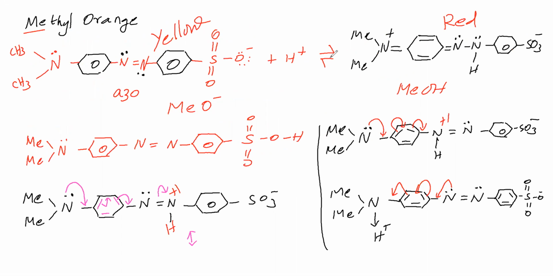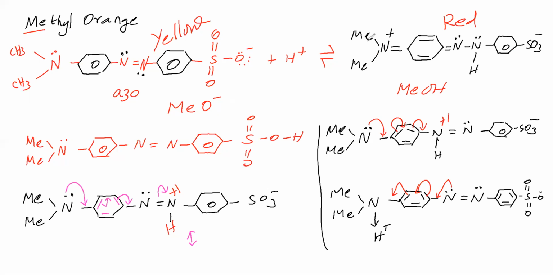In aqueous solution of methyl orange, so and so equilibrium is there. Now we are adding this indicator into aqueous solution of hydrochloric acid. HCl is a strong acid that gives H plus ions. Therefore, concentration of H plus will be raised. Which direction does it favor, forward or backward?